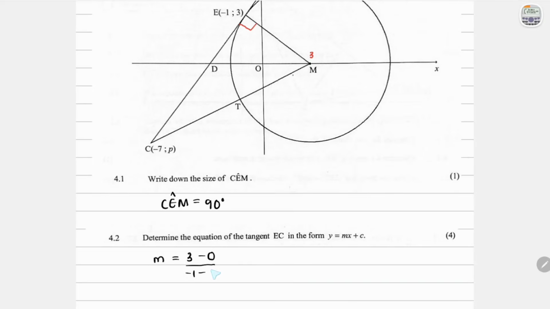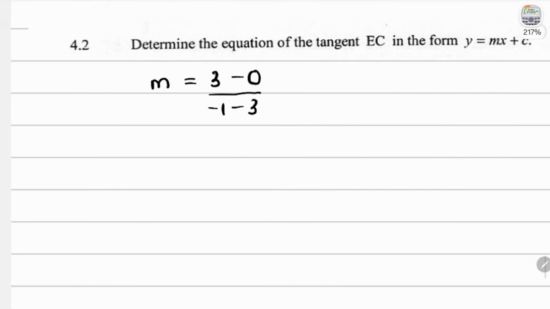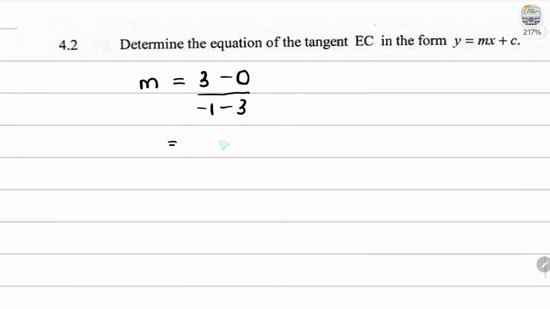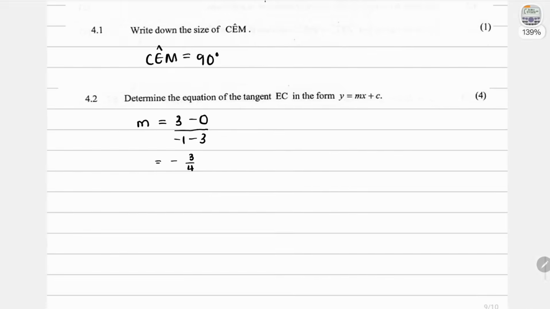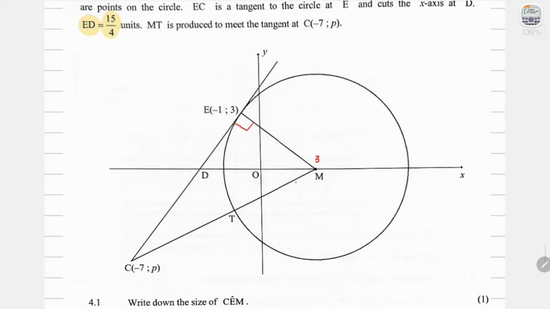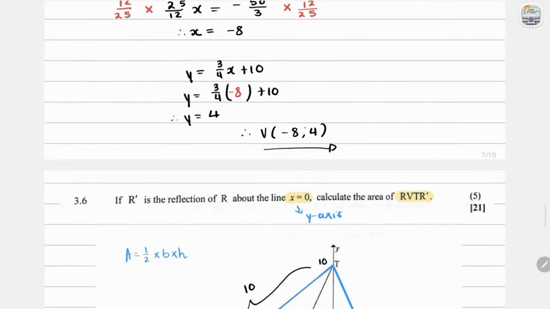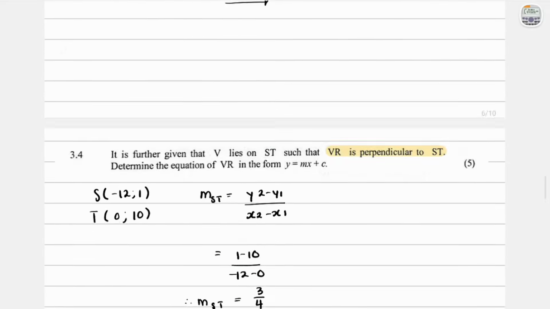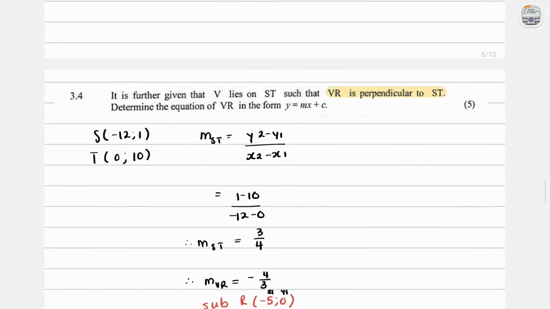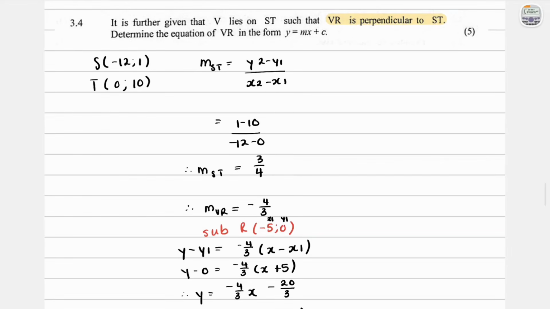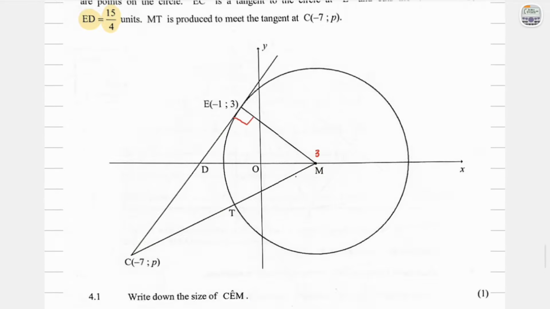That's going to give us a negative number, -3 over 4. Now, why does it look like it's the same thing? It actually looks a lot like this one as well, but it's just negative 3 over 4 this time.